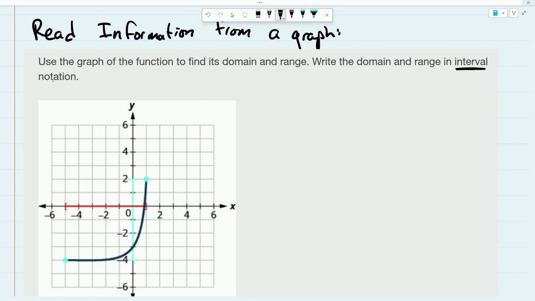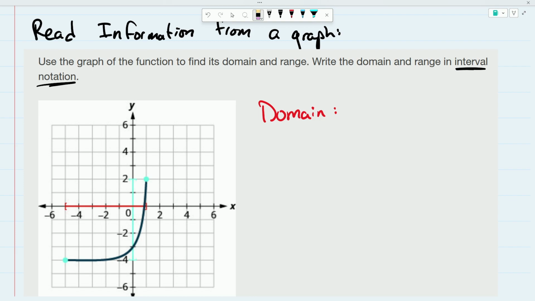All right. So the first thing we're going to do is identify the domain. Now remember, domain are going to be x values. So the idea behind this is how far to the right can I go if I'm walking on this x-axis? How far to the left and how far to the right? That's it. Now, they did something very nice in this example here. If you look at it in red, they're showing you here's where the domain is.